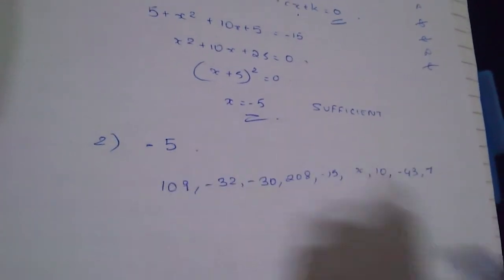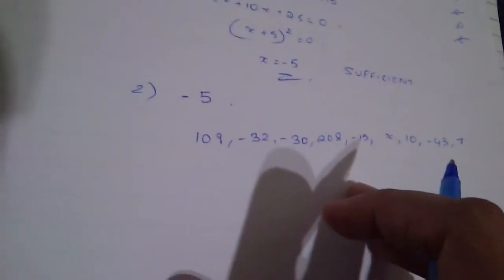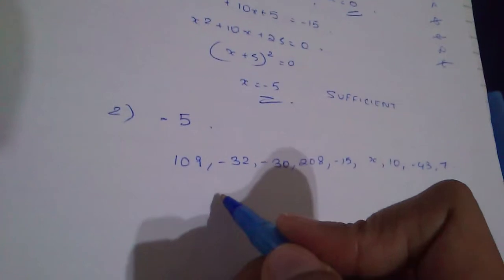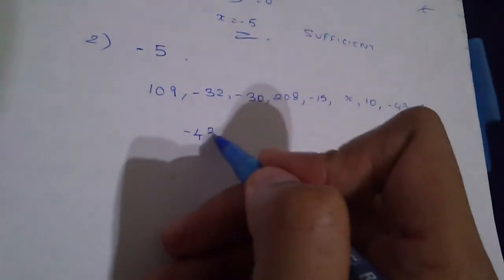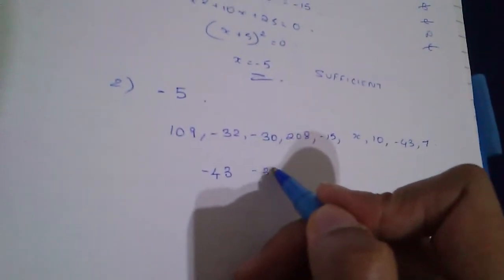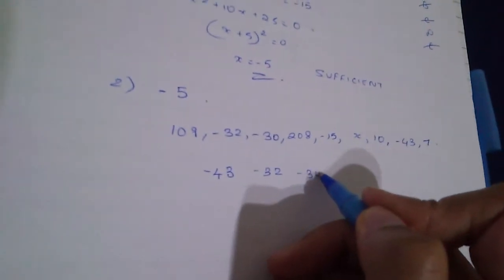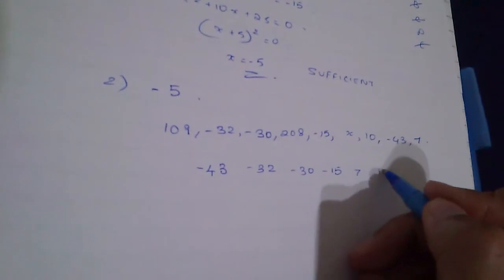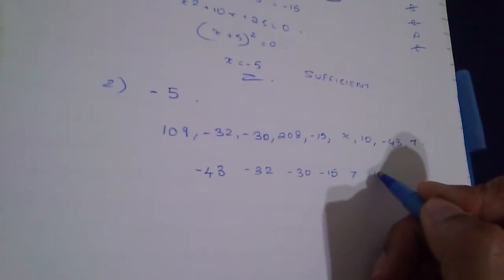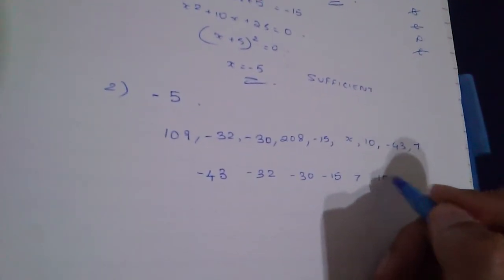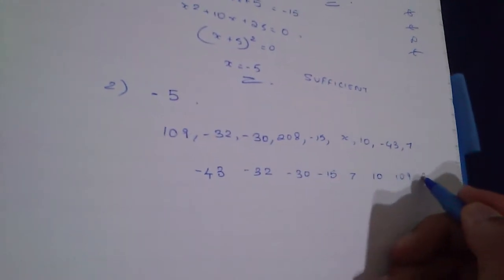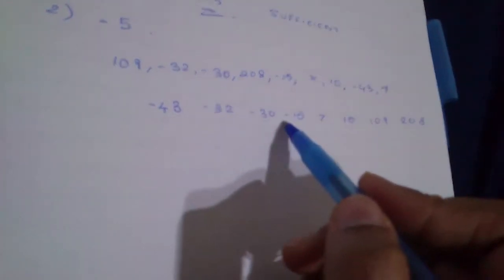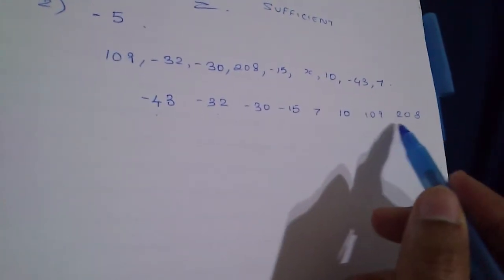Let's arrange these numbers in ascending order so that you can confirm the middle value. The ascending order would look like this: minus 43, minus 32, minus 30, minus 15, 7, 10, 109, 208. The number of elements is 1, 2, 3, 4, 5, 6, 7, 8.